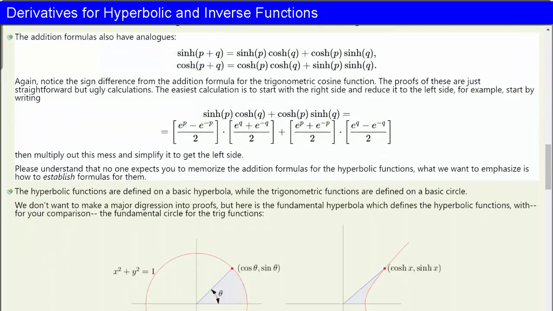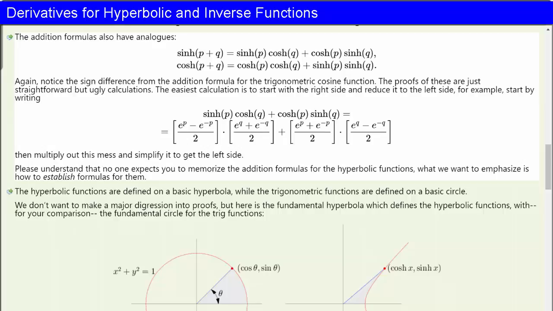The addition formulas for trig functions also have analogs for hyperbolic functions. The sinh of p plus q is sinh p cosh q plus cosh p sinh q, almost identical to the formula for trig functions. However, cosh of p plus q is cosh p cosh q plus sinh p sinh q, which is analogous to the formula for the cosine function, but uses a sum rather than a difference.